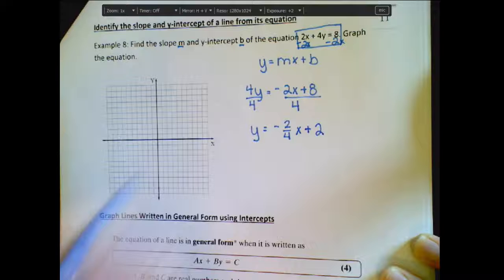So 0, 2. Our graph should go through that. Okay? Once we have this and we use our y-intercept, we can use our slope to continue to graph this. Up 1 over 1, 2, down 1 over 1, 2. And this would be our graph.